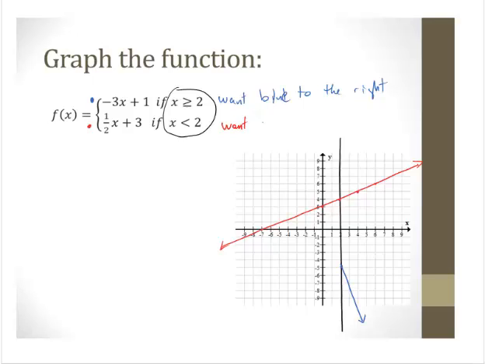Similarly, we want red to the left, less than 2. So I'm going to erase all of the red on the right. Now I'm also going to erase my boundary.